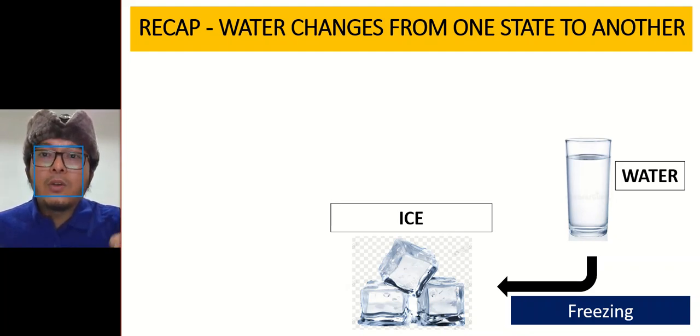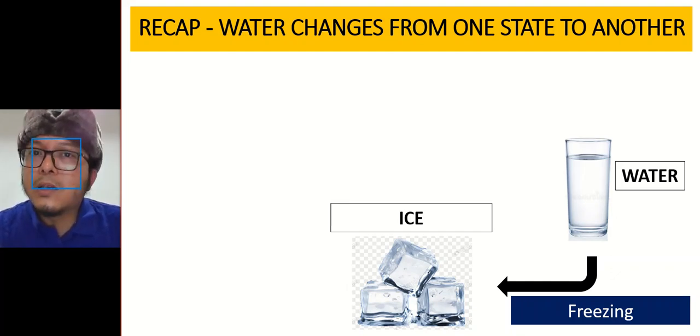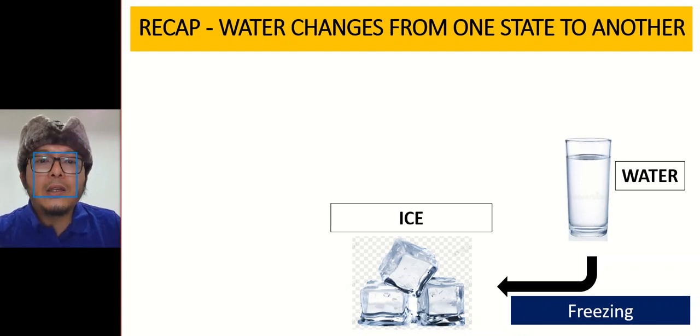Now remember, you can check on the previous lesson, the previous video, the temperature will go down. And for water to change into ice, it will need to be in a specific temperature, that is 0 degrees Celsius.